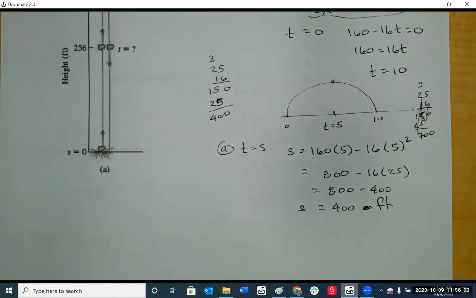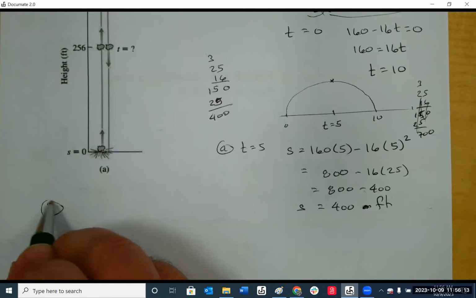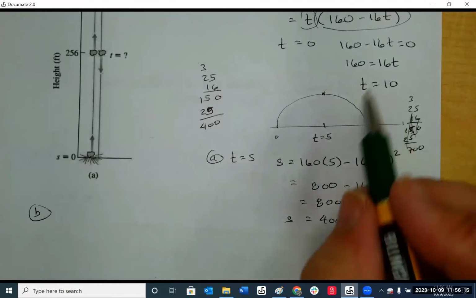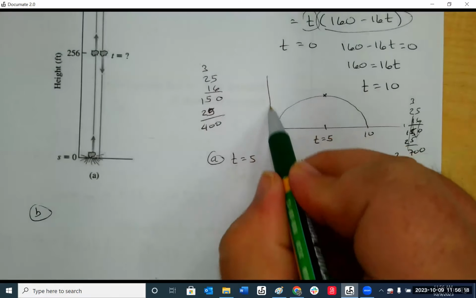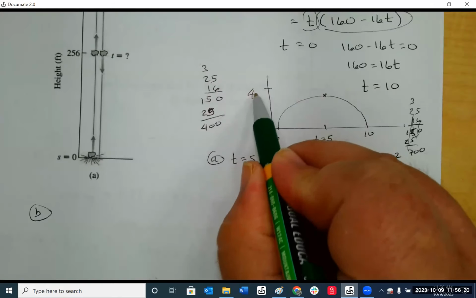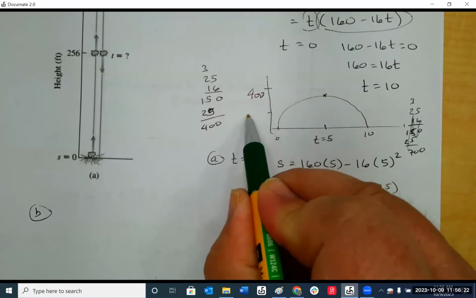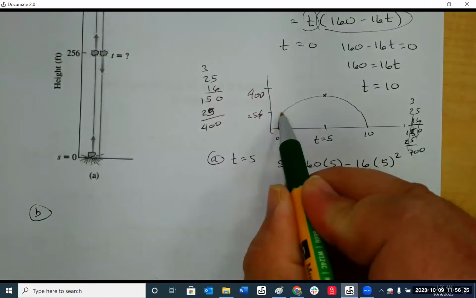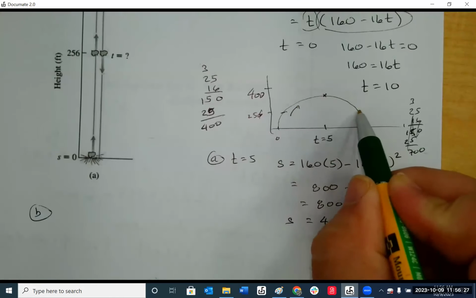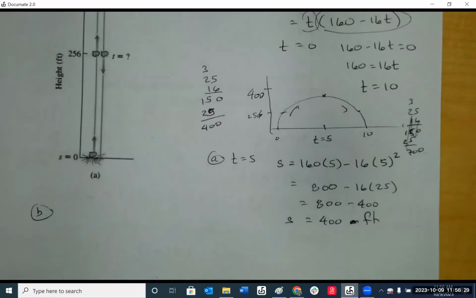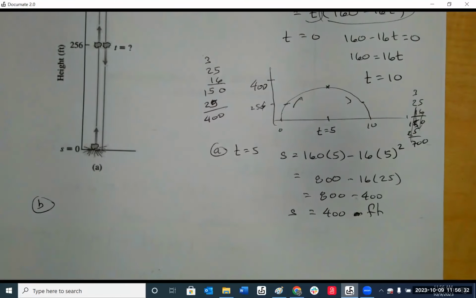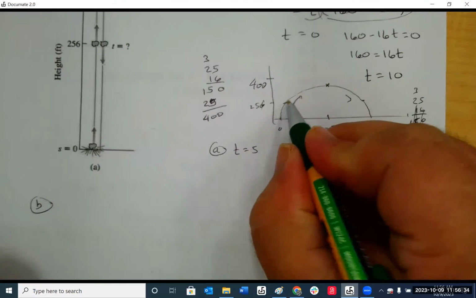What are the velocity and speed of the rock when it is 256 feet above the ground, on the way up and on the way down? Well, remember, our height is 400. So it has to go through 256 once on the way up and once on the way down. It's looking for both of these, how fast they're going.